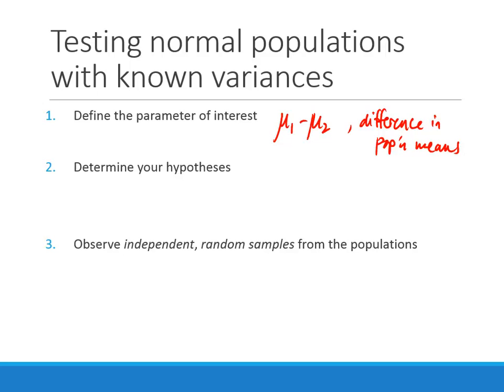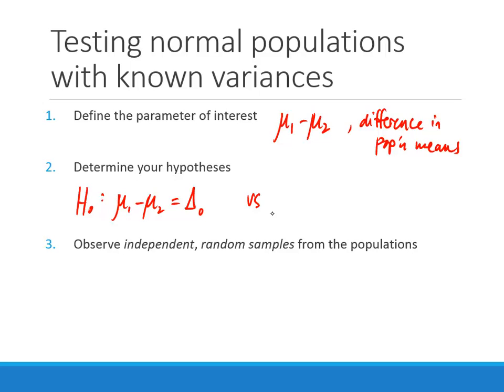And my null hypothesis is that this difference, mu1 minus mu2, is equal to some value delta 0. Delta 0 will often be 0. Most of the time I'll be seeing if these means are exactly the same, but in more generality I could look at whether they have some difference between them.